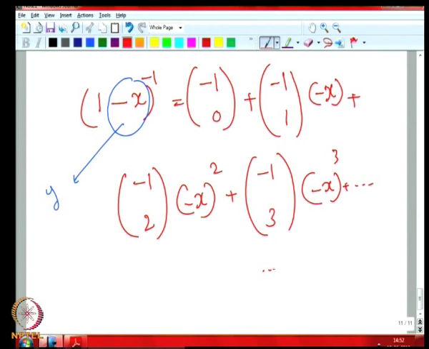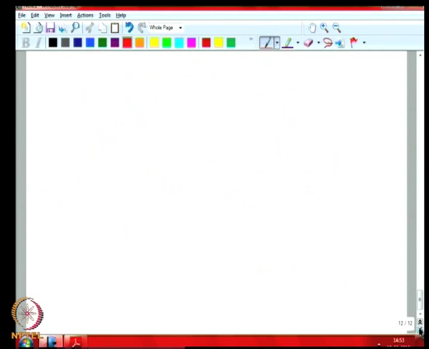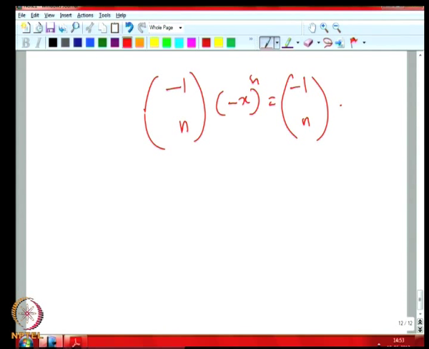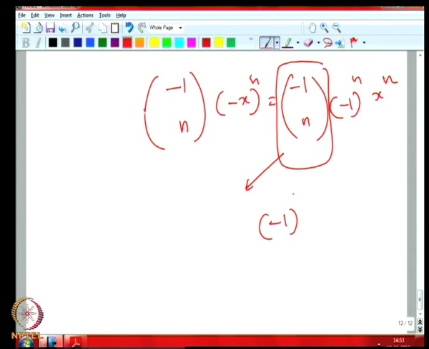The general term is minus 1 choose n minus x to the power n and so on. So that general term, minus 1 choose n minus x to the power n, is equal to minus 1 choose n minus 1 to the power n into x to the power n. As we have seen, this is minus 1 to the power n, and this is another minus 1 to the power n.